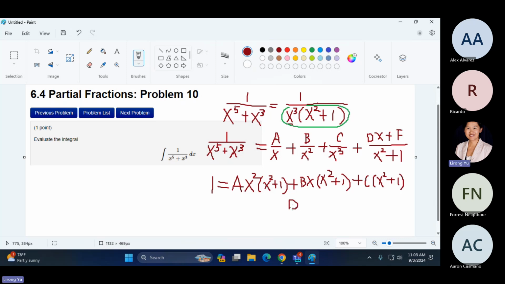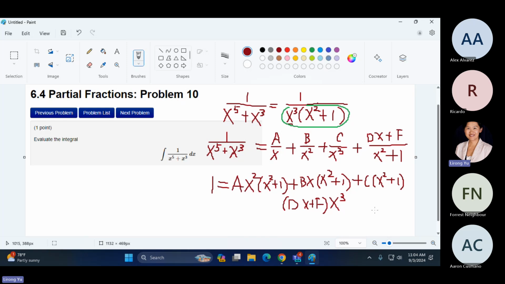The dx plus f, we multiply by the denominator, x squared plus 1 is canceled, we still have the x cubed. So that's what we have after we multiply both sides of the equation by the denominator.